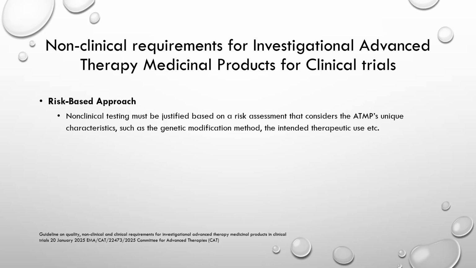So this risk-based approach is necessary because all of these products are different. They all have unique characteristics, and they all have different intended therapeutic uses, and therefore you have to tailor your non-clinical studies and the risks associated with that to the product class.